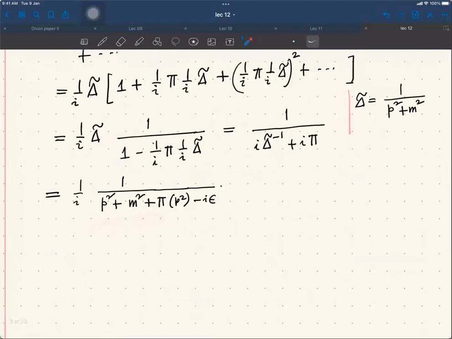This is the exact propagator, and this can be viewed as a correction to the mass square due to the self interactions. So this is an exact propagator. It's called the self energy contribution.